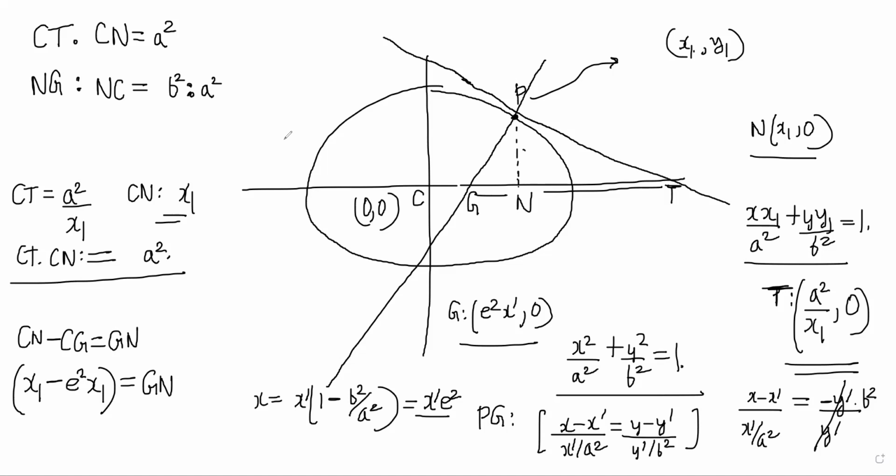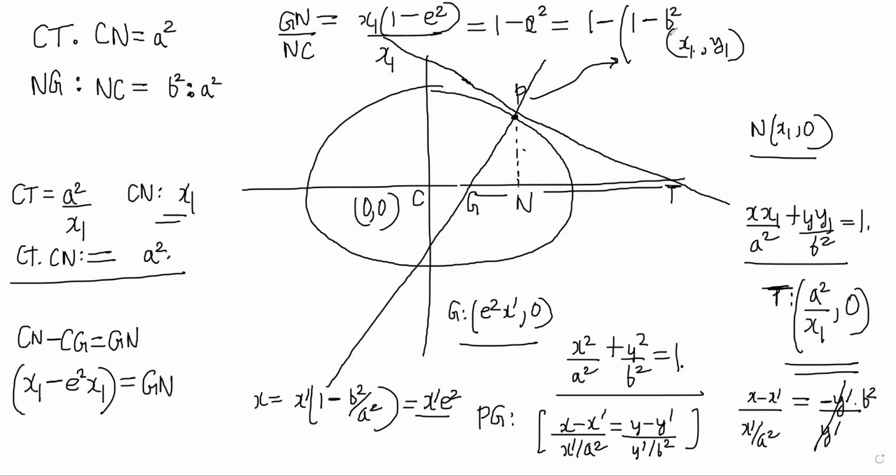So basically Gn by Nc is equal to x1 into 1 minus e square by x1. So this is 1 minus e square. 1 minus e square is 1 minus 1 minus b square by a square. So that is equal to b square by a square, right? So Gn by Nc is this, correct?